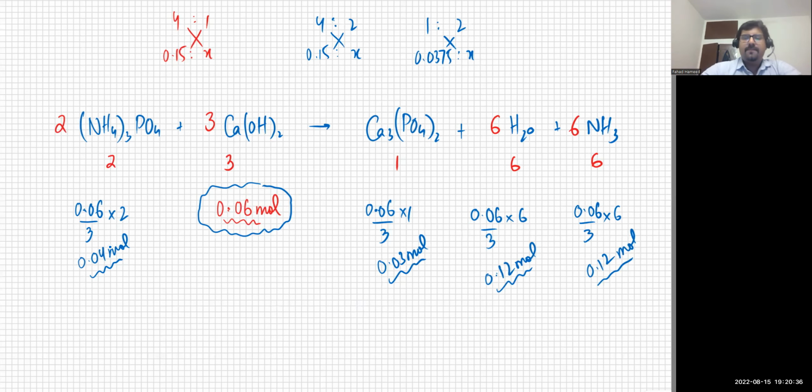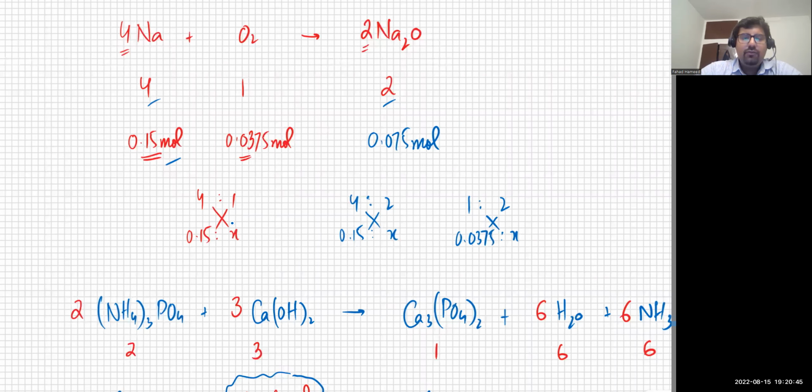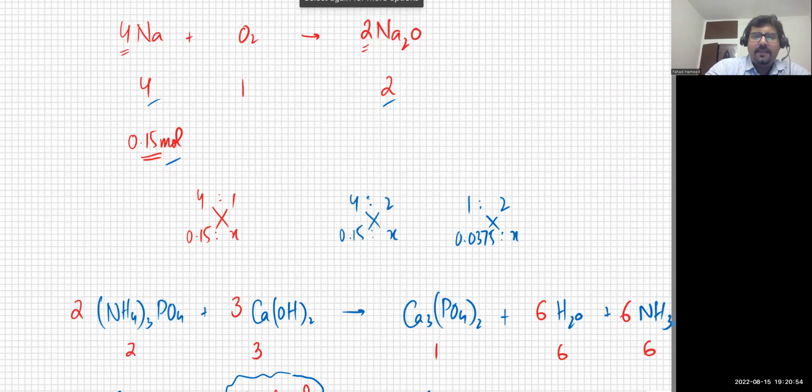Okay, so even in the previous one, you knew the moles, 0.15. So instead of doing all the working, you could have made things faster. If I want to find the missing moles, it's going to be 0.15 divided by 4 into 1. This one is going to be 0.15 divided by 4 times 1.